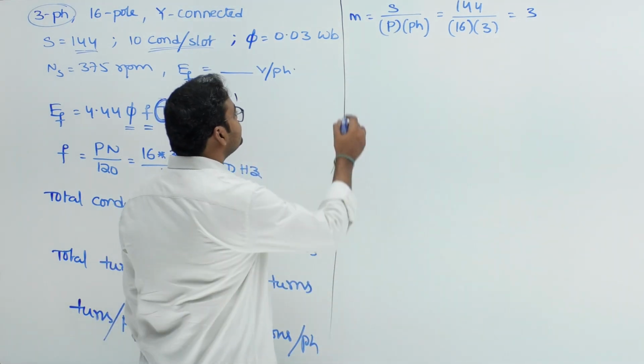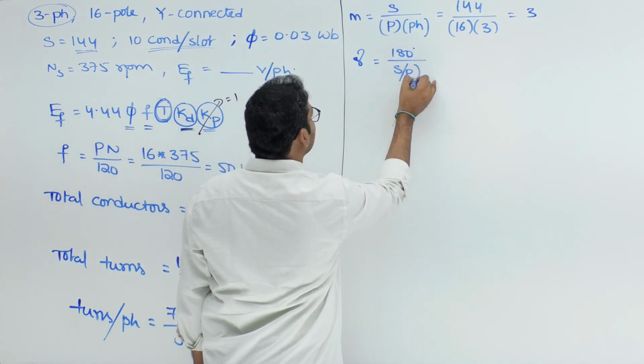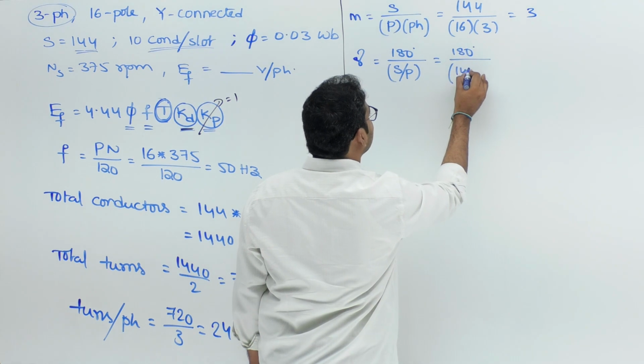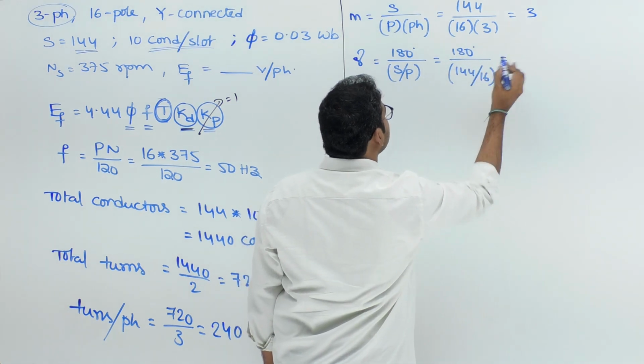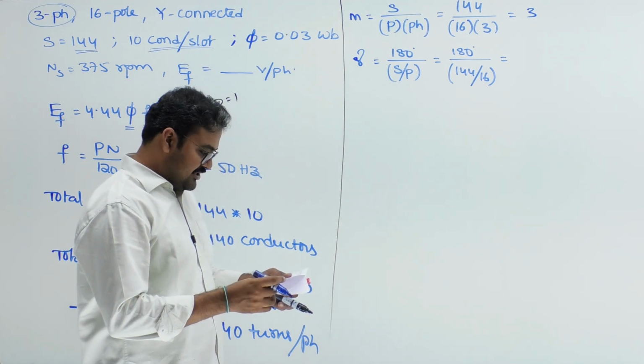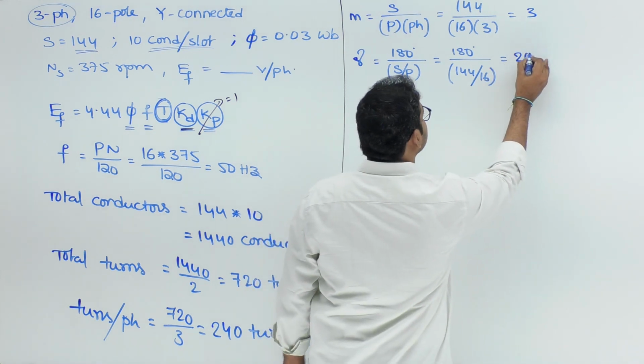Then gamma value. Gamma is 180 degrees by slots per pole. This is equal to 180 by 144 slots with 16 poles. Let me tell you the value of gamma: it will be equal to 20 degrees.